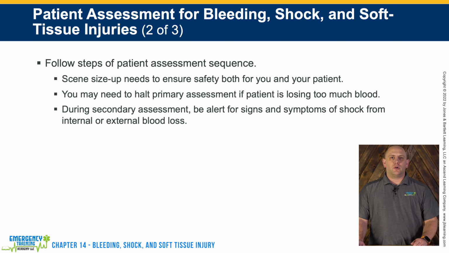So we're going to look to see if their skin is starting to become pale, if they have increasing pulse rate or decreasing blood pressure. These would be signs that we either missed something or that they have internal bleeding that hasn't been addressed.